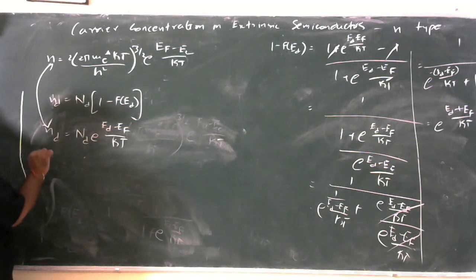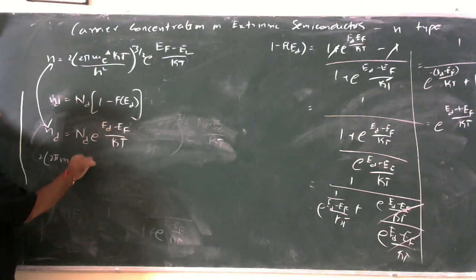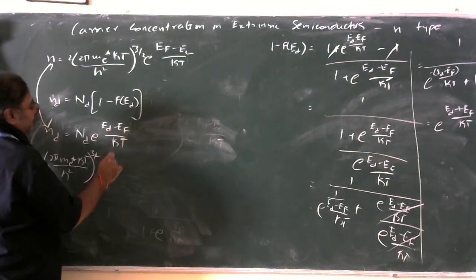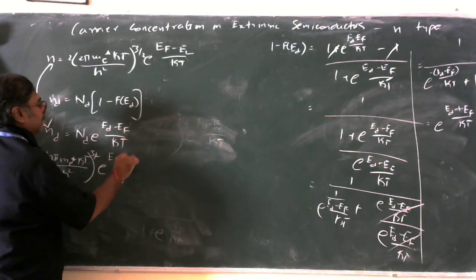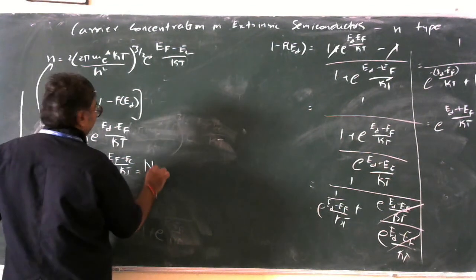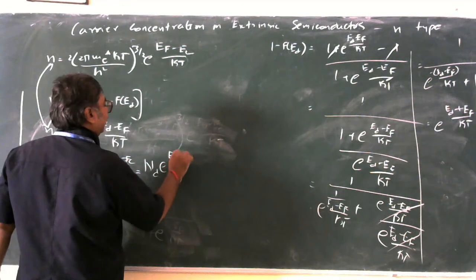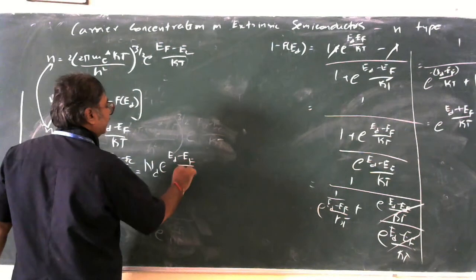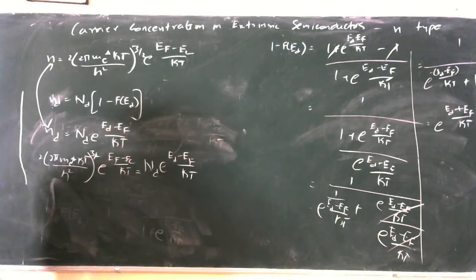When you equate, what are we going to get? 2 into (2 pi m e star KT by h square) whole power 3 by 2 exponential of (EF minus EC) by KT equals ND into exponential of (ED minus EF) by KT. So bring all exponential terms to one side and non-exponential terms to the other side.